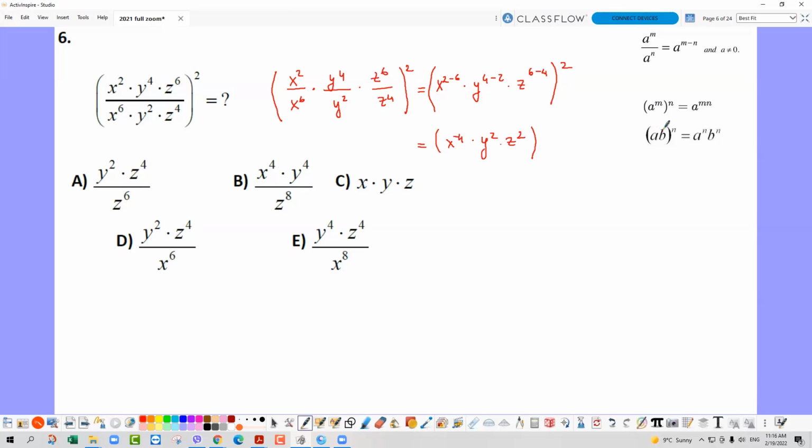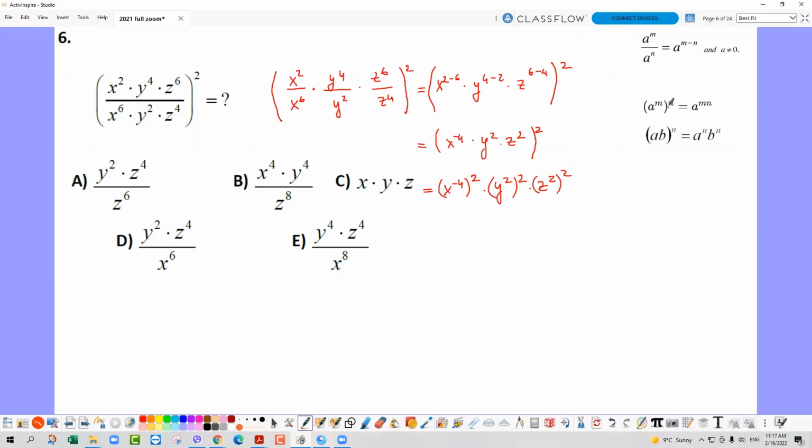Now I'm going to use the third rule here. I'm going to apply this power one by one to all of them, which is equal to x to the power of minus 4 to the power of 2, times y to the power of 2 to the power of 2, times z to the power of 2 to the power of 2.